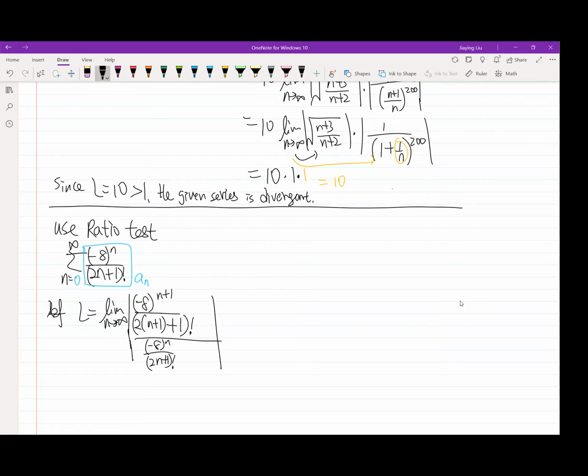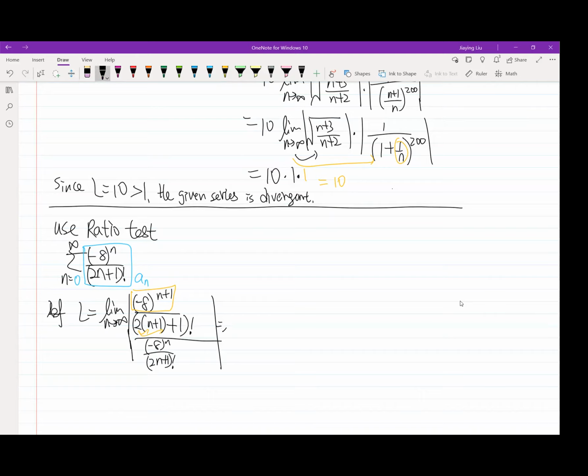Absolute value. So the next step, we're going to do what we did before: multiply by the reciprocal of the denominator and expand. For example, we have negative 8 to the n plus 1, and we can expand that. The factorial in the denominator, we can leave there for now. Maybe we can simplify it by distributing the 2 and combining with the added 1 at the end.